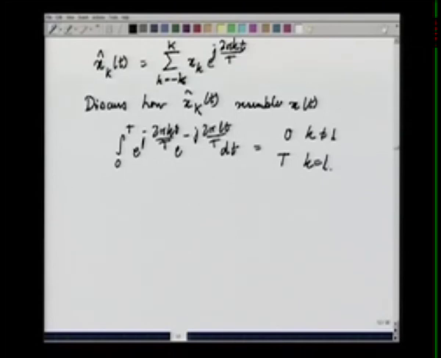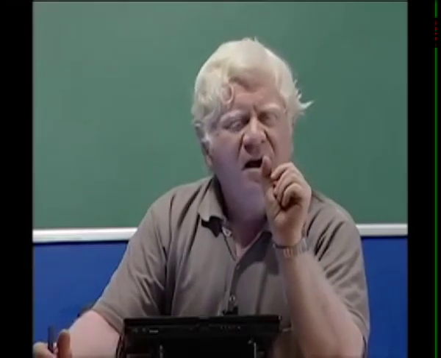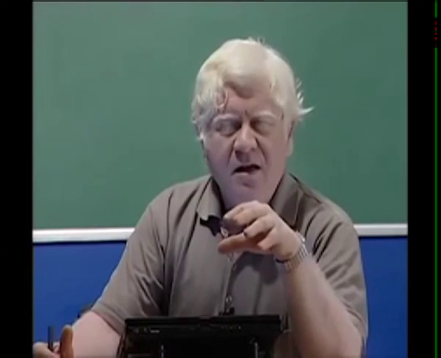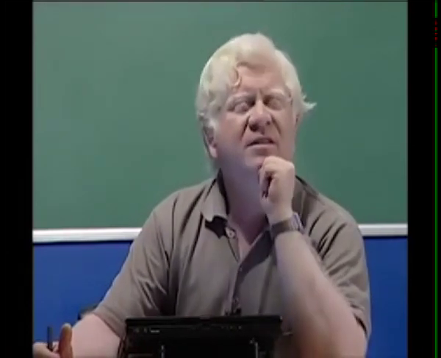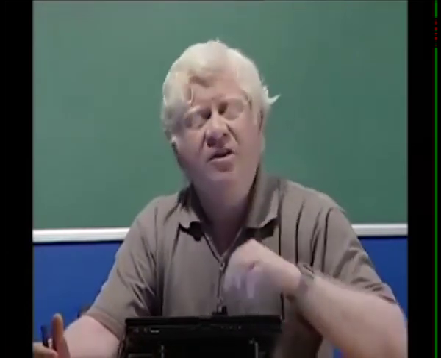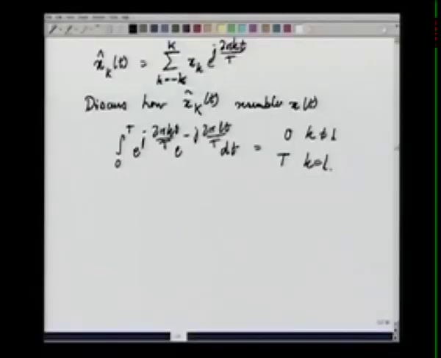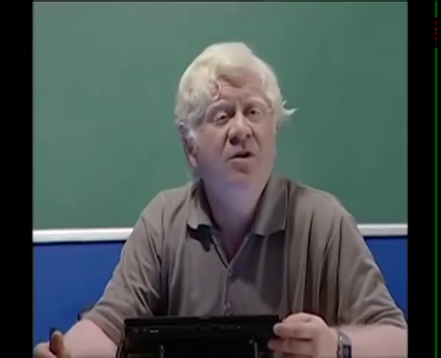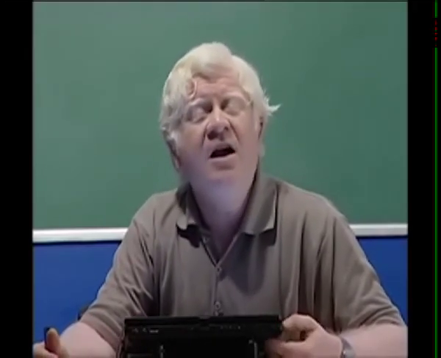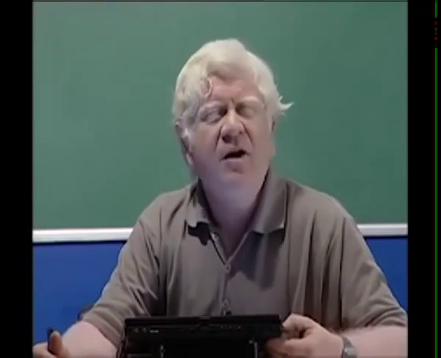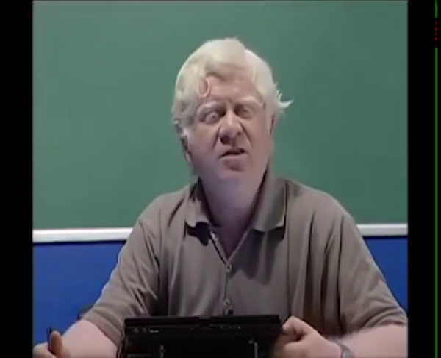Now, what this can be shown to lead to is the following fact, that if x t has a certain representation in terms of a Fourier series, then this representation as seen from the truncated series x hat K of t gets closer and closer in energy terms, or rather in power terms, if you like, energy per period terms, to x t as we add more and more terms in the truncated representation.